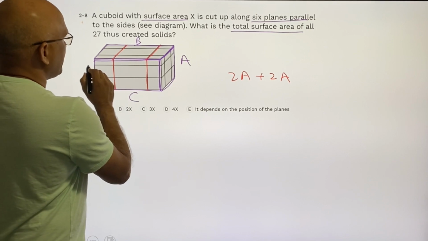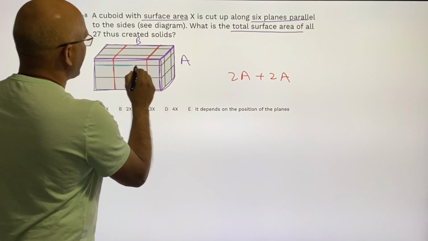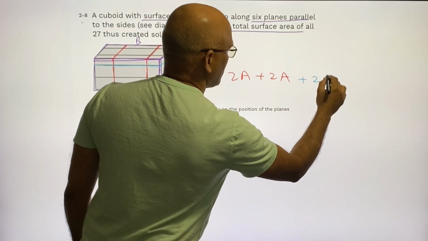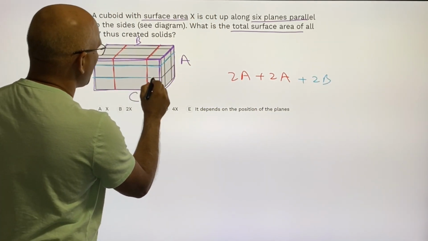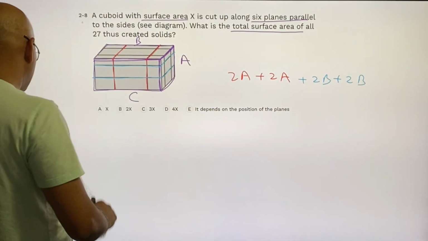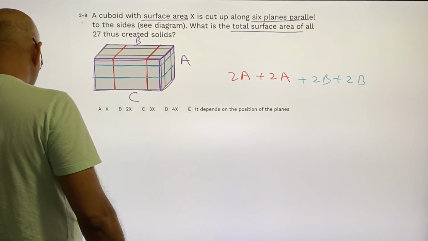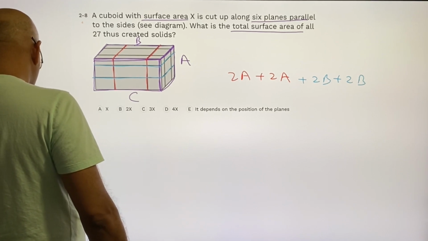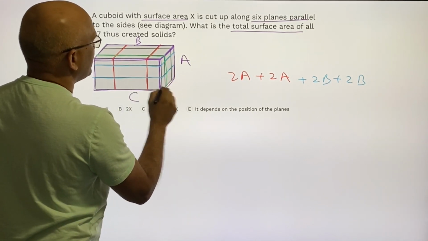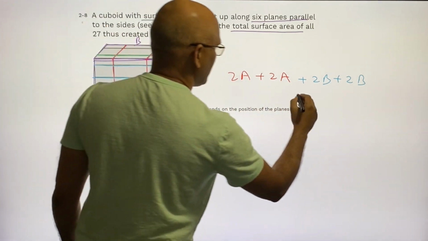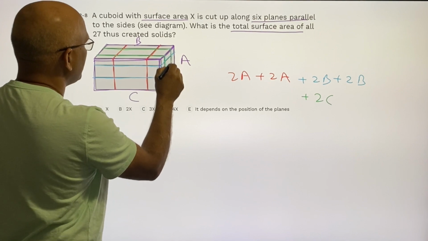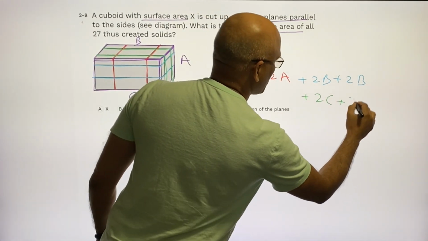If I make a cut like this, it is going to expose 2B. Similarly, this is also going to expose 2B. Next, if I make this cut here, that is going to expose 2C, and similarly there is another cut here that is also going to expose 2C.